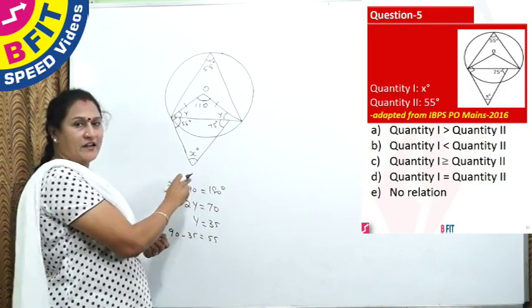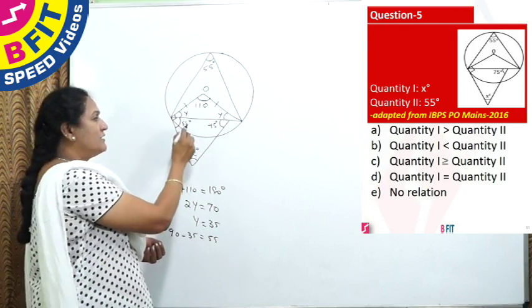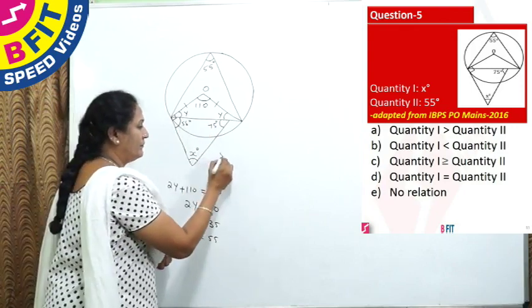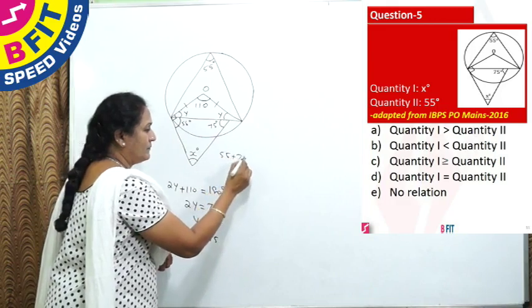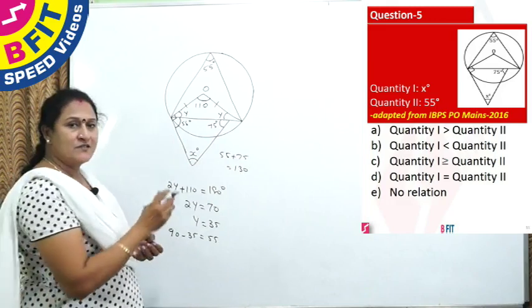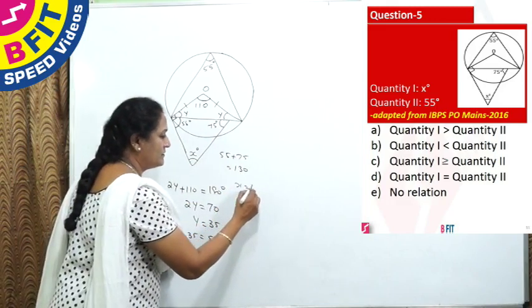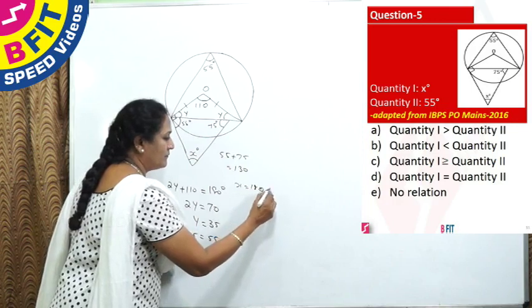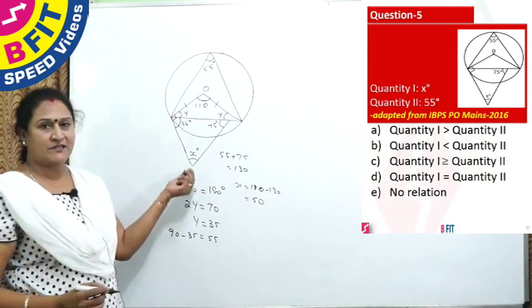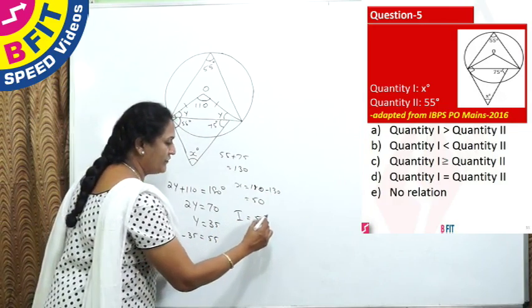Again we have a triangle where the sum of the angles is 180. So adding this 55 and 75, we get 130. Now what should be the value of x? Subtract 130 from 180. So x is 50.